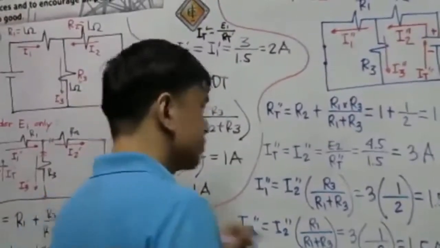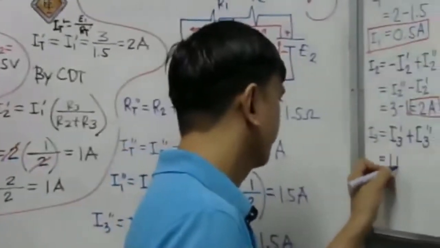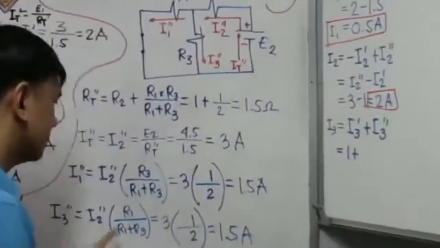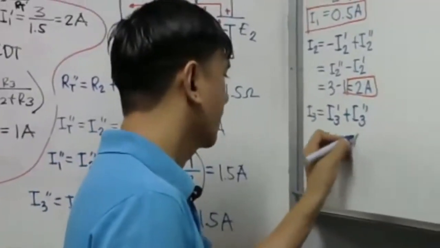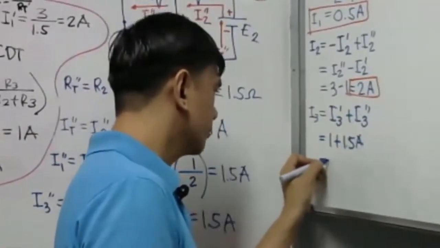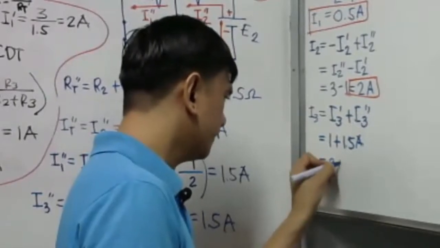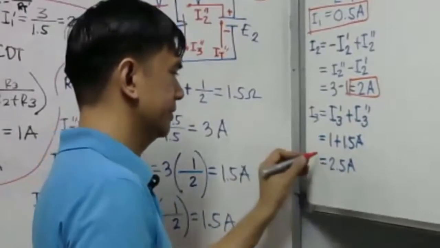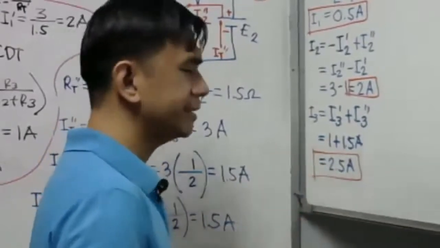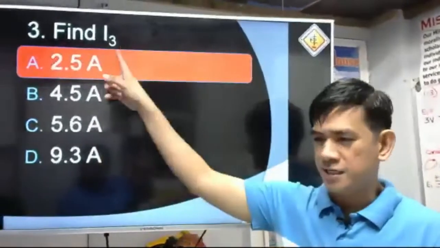I3 prime is 1 ampere plus I3 double prime is 1.5 amperes. So the answer would be 2.5 amperes. Take a look, guys. What letter is our answer? Letter A. See?